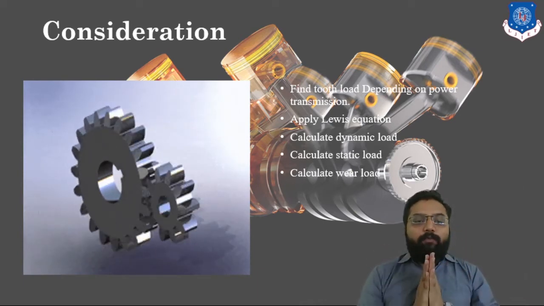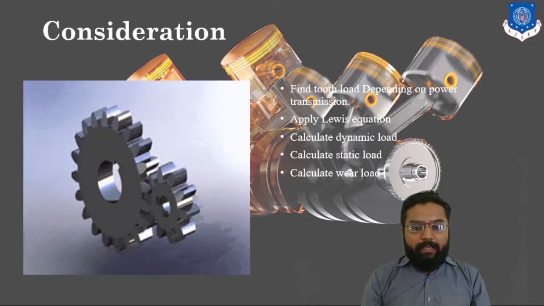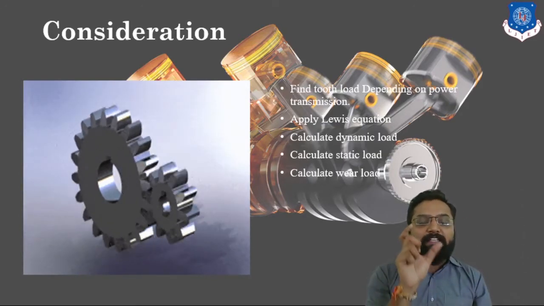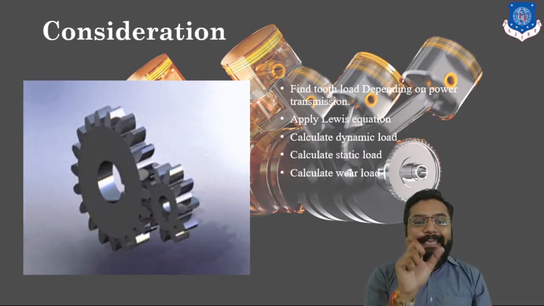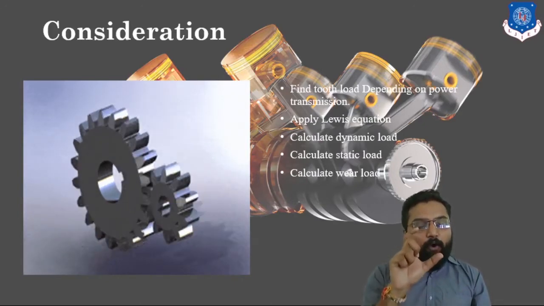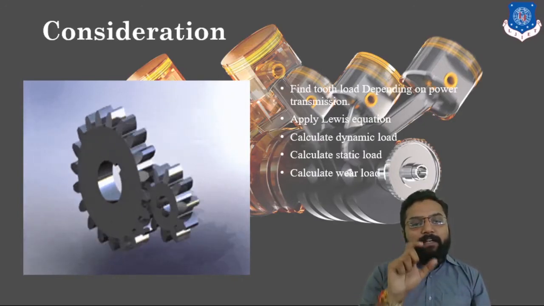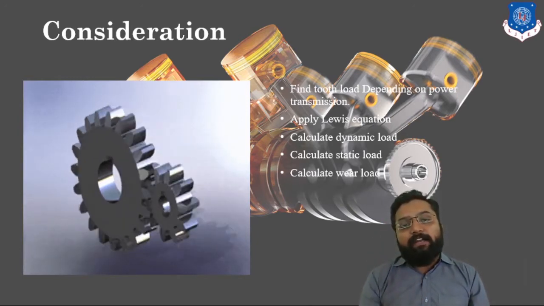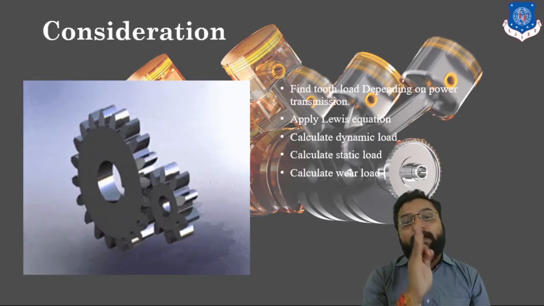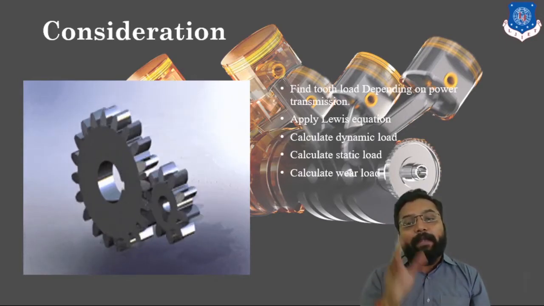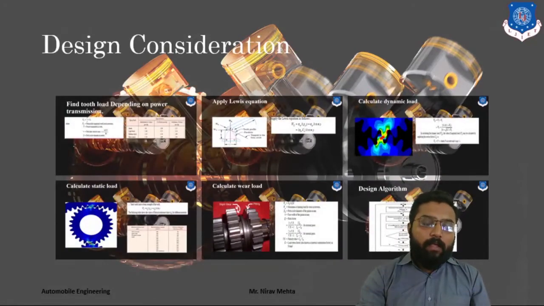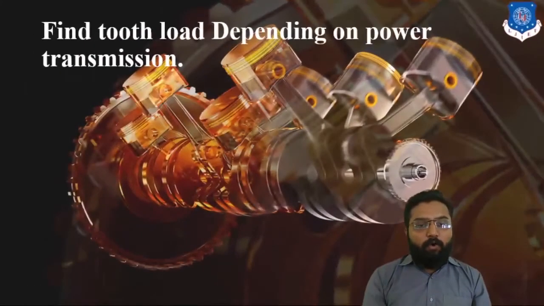So ultimately, what we are going to find here is the different geometrical aspects of our gear teeth. Clear? Depending on that, we can find the diameter as well as the number of teeth. And how are we going to develop this geometry? You will find the module of our gear depending on these different types of loads. Clear? Let's talk about these loads.